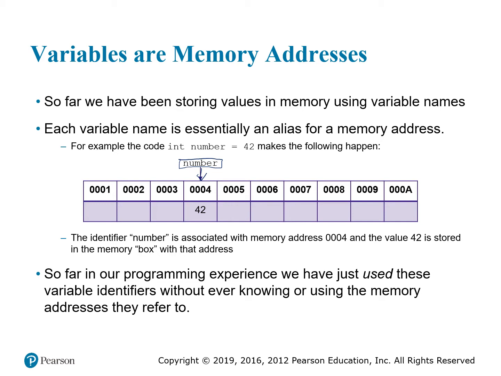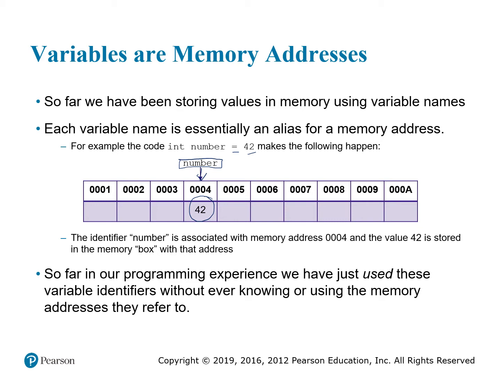Memory addresses are expressed in hexadecimal usually, which is why after we get to 9 we go up to A. And so number points to 0004, and when we then set it to equal 42, the system puts 42 in that memory box. The identifier number is associated with memory address 0004, but we have no idea what address it is. We just know that that's where it's pointing to.